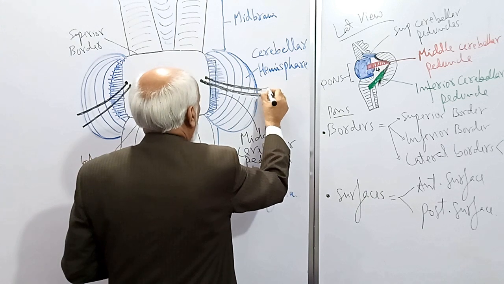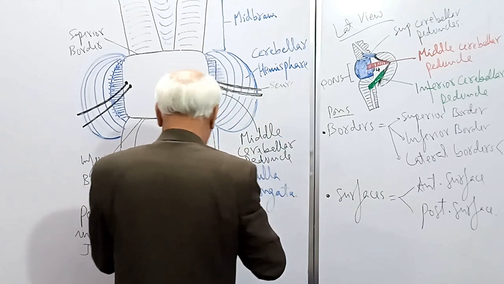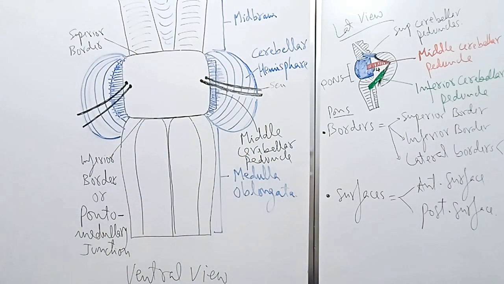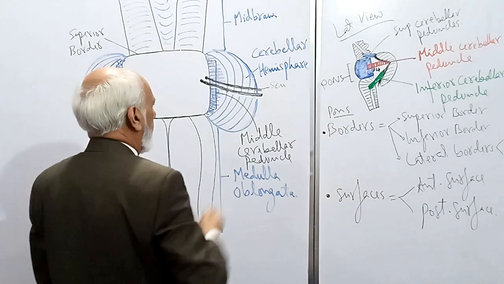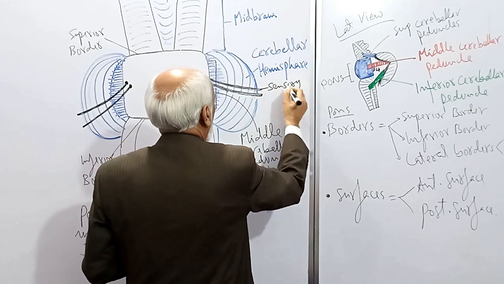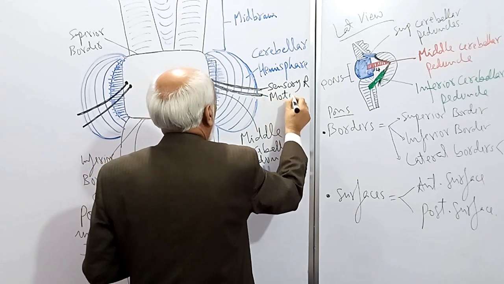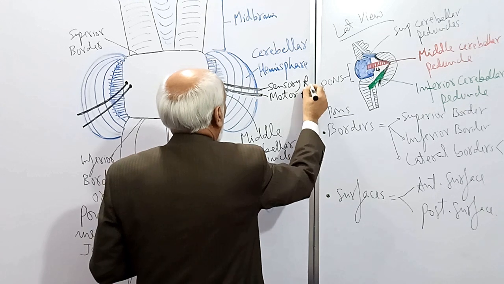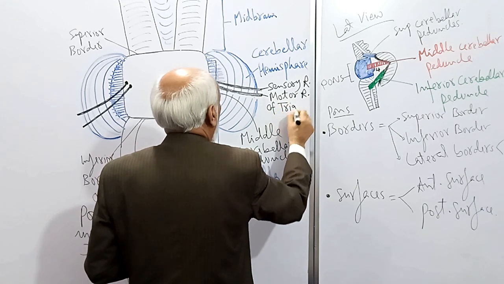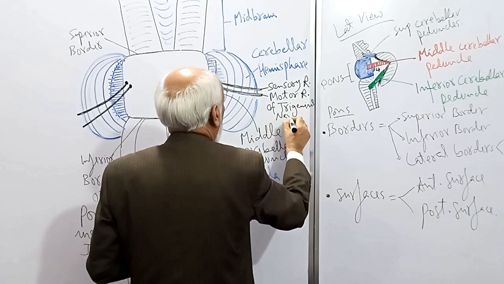Now this is the sensory root, and this is the motor root of the trigeminal nerve, the fifth cranial nerve.